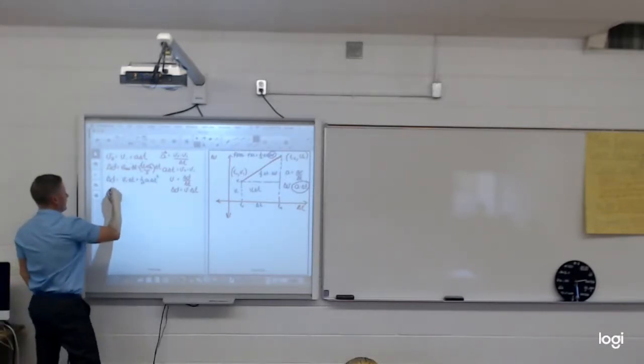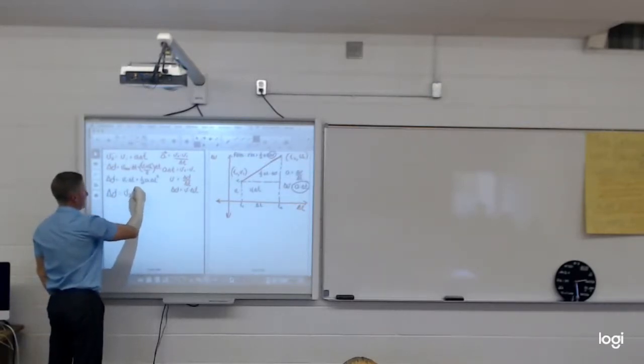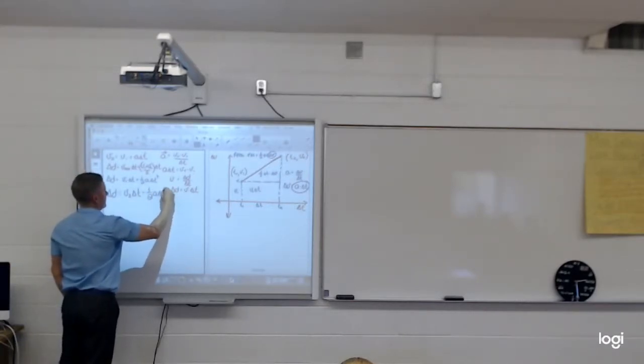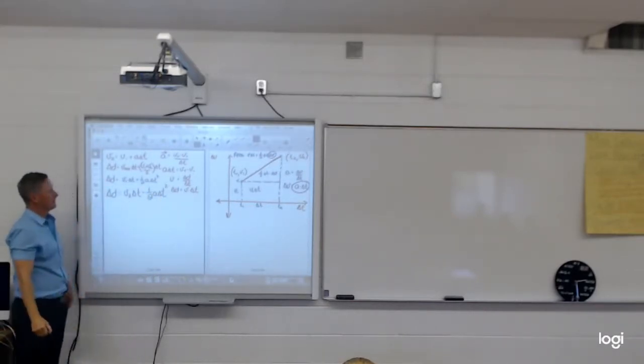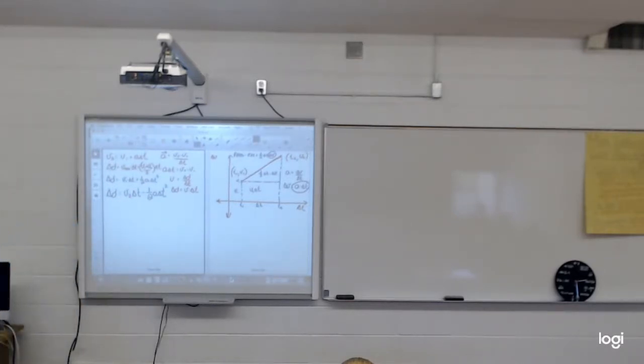The fourth equation is very similar to it, except it uses V2 and it has a subtract on it. Okay? delta D equals V2 delta T minus 1/2 A delta T squared.